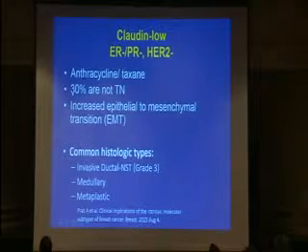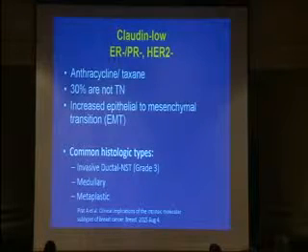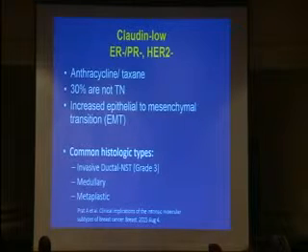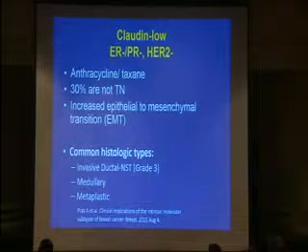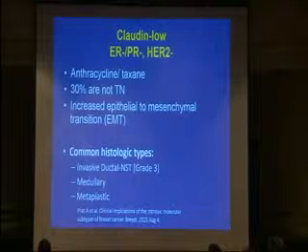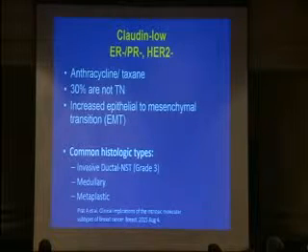Now the last entity is the Claudin low, which is a relatively newer entity. Claudins are proteins that are involved in the intercellular tight junctions. They regulate the transport between cells and the trafficking of nutrients between the cells. If they are lost, the cells become discohesive and undergo a phenomenon called epithelial to mesenchymal transition, or EMT.